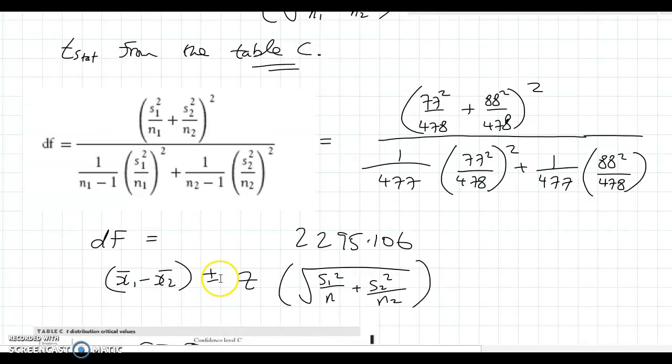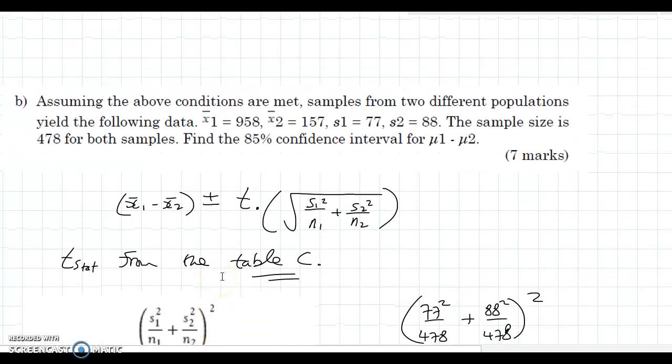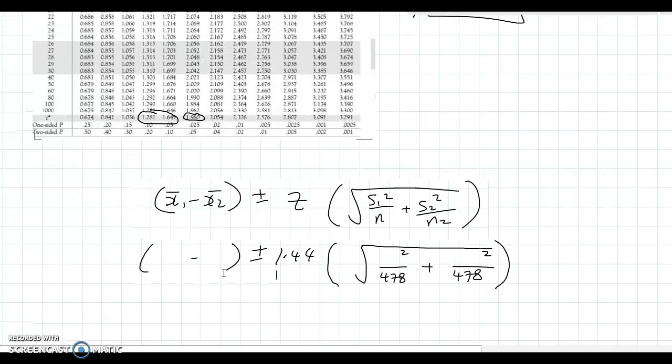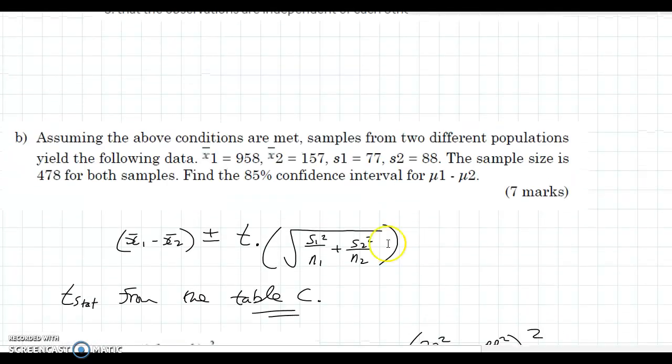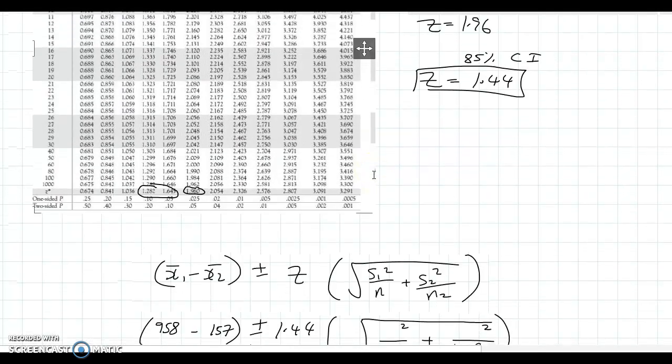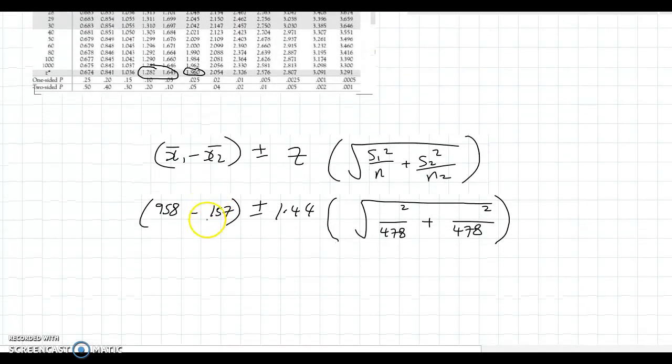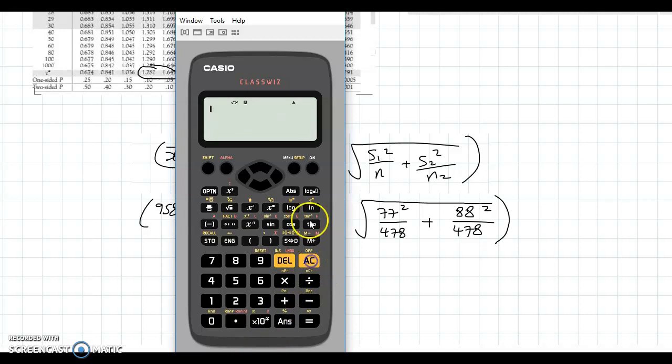I'm going to scroll up here. X bar 1 is 958 and x bar 2 is 157, plus or minus this, and then we've our s1 and s2, 77 and 88.